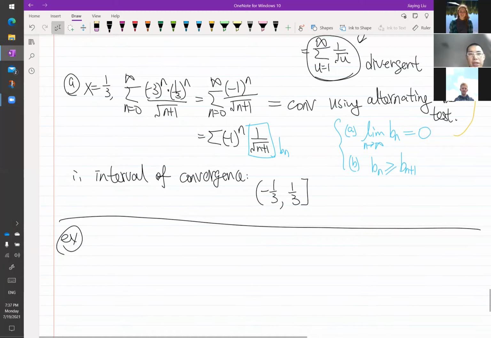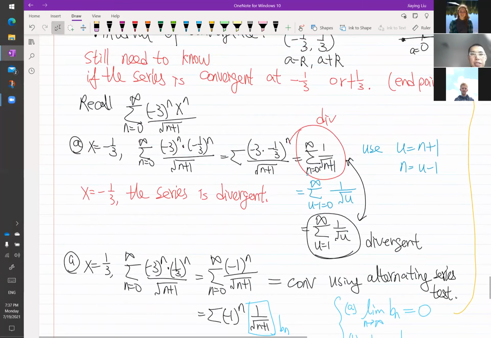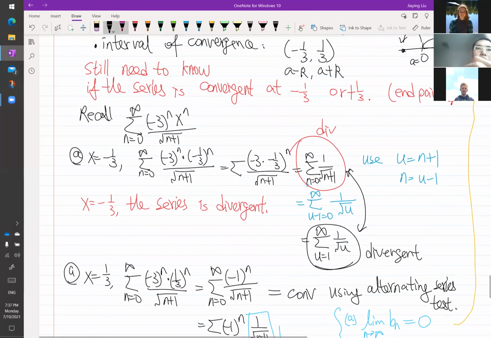So the example I had earlier, what was it? This one. If we were to expand this, let's see, n equals 0, we put in there, right? We get -3 to the 0, which is 1, divided by square root of 0 plus 1, that's also 1.